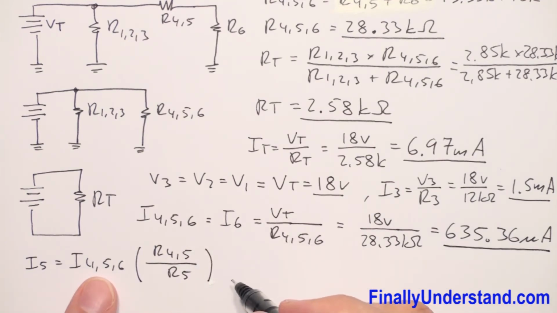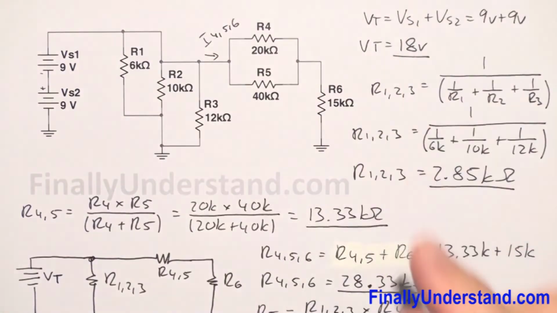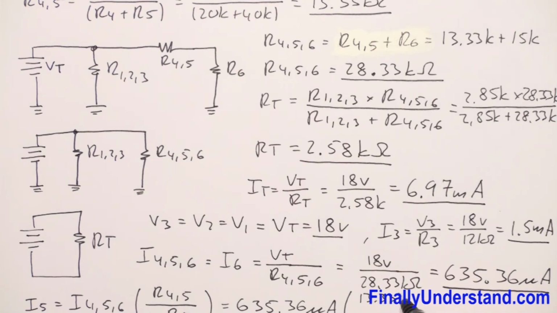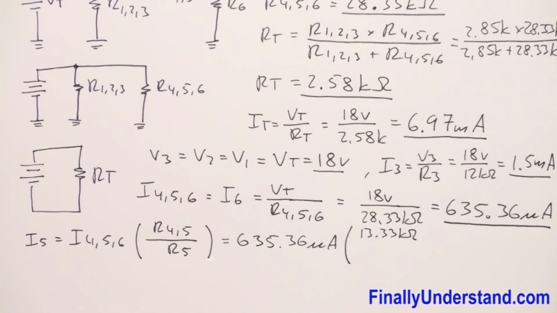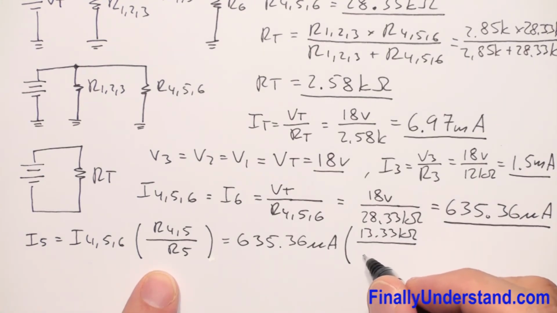I4,5,6 we've found is equal to 635.36 microamps, times R45. R45 is equal to 13.33 kiloohms, over R5, which is equal to 40 kiloohms.